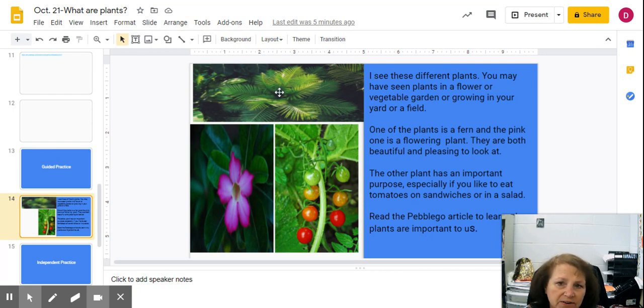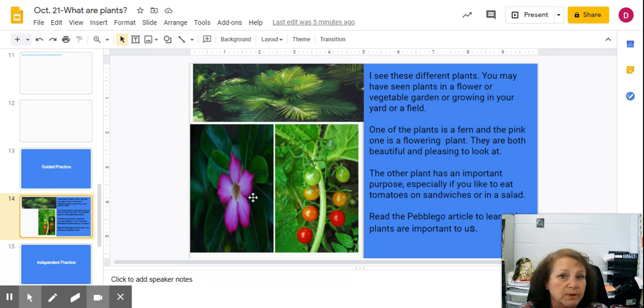One of them is a pink flowering plant, and it's beautiful. The other is a plant that I love, and there are small cherry tomatoes that are awesome on sandwiches or in a salad. So, plants provide us with food.